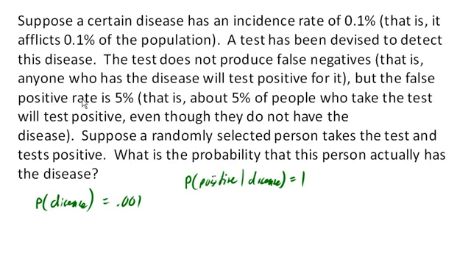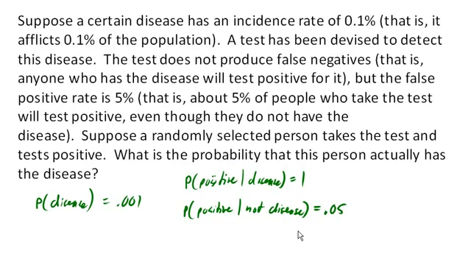But the false positive rate is 5%. This means that the probability that somebody will test positive if they do not have the disease is 5%. So 5% of people will test positive even if they don't have the disease.